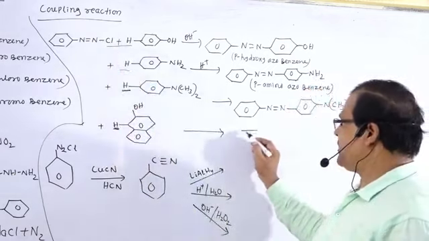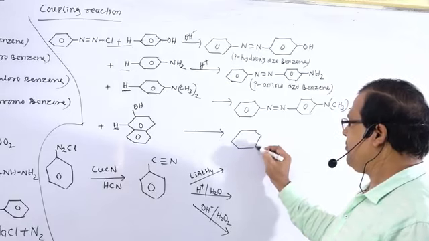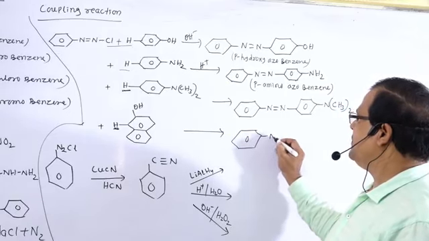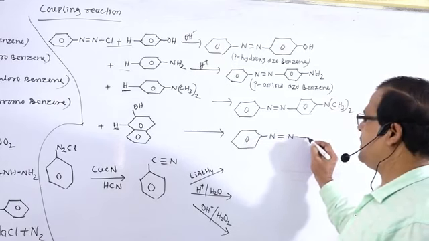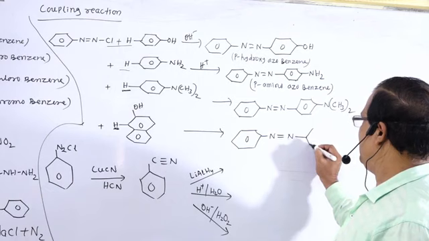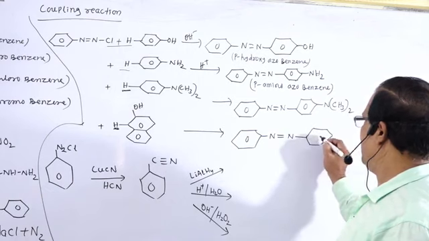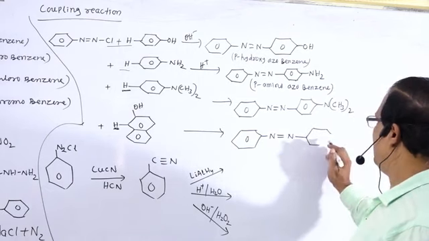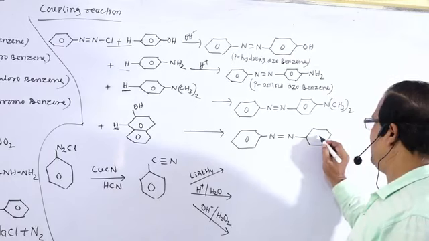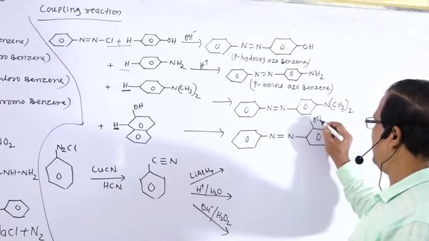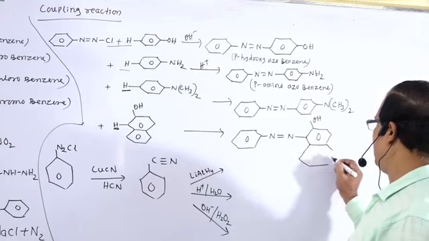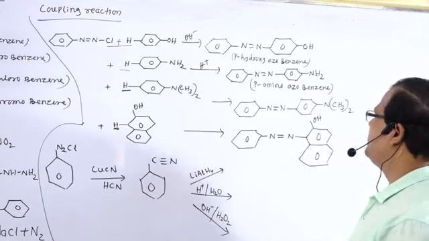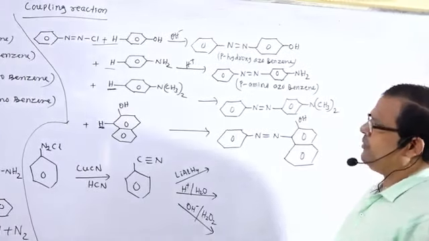So there is the formation of this product: N double bond N attached with a benzene ring, with OH. So that is your colored material.